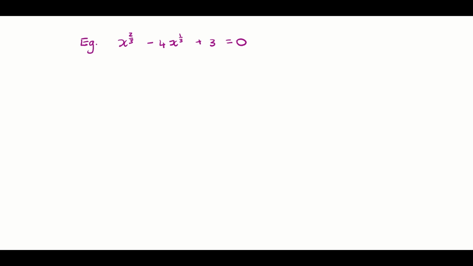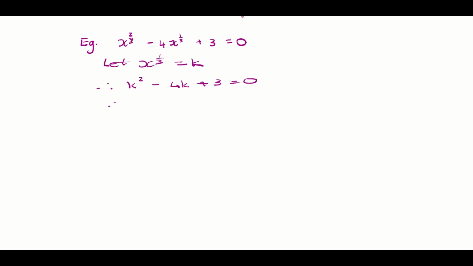We've got x to the power of 2/3 minus 4x to the power of 1/3 plus 3 is equal to 0. Now I'm going to let the smaller one, which is x to the power of 1/3, equal k, which means that x to the power of 2/3 is going to be k squared. So k squared minus 4k plus 3 is equal to 0.